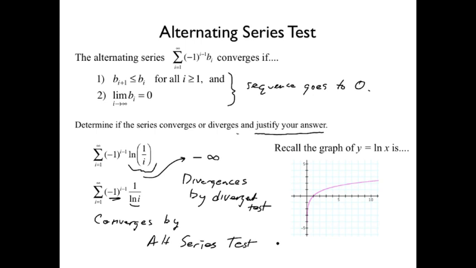Okay, so if we just had a partial sum for a very large k, some partial sum that takes into account a lot of terms, that would be some estimate of what the whole series was. The more terms that you take, the closer you'd be to the actual sum.